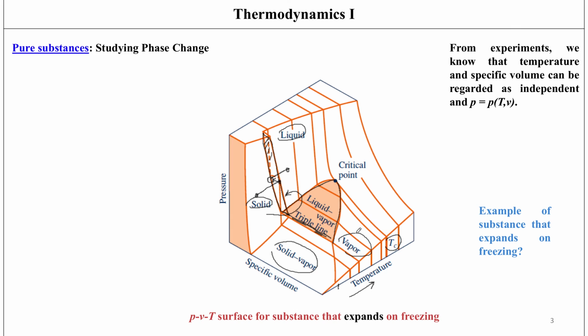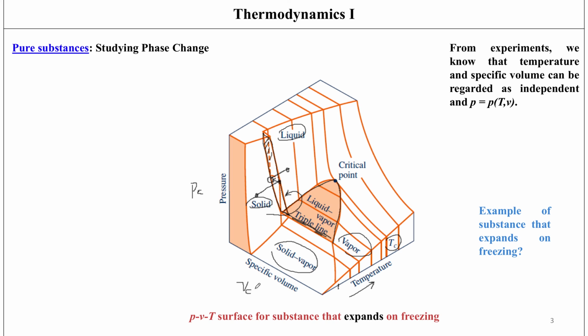At equilibrium, the pressure at this critical point is called the critical pressure, and it's indicated by P subscript C. Okay, so just like TC, we also have a critical pressure as well. And then the specific volume at this critical point is going to be indicated by V subscript C.